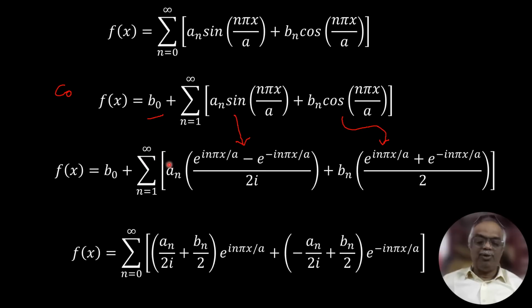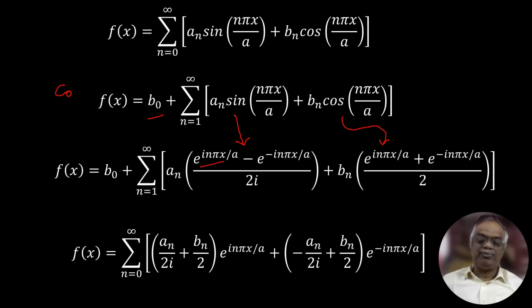Now you can group the same terms, and you get back your n equal to 0 value, because we know that at n equal to 0, c_n is equal to c_0 equal to b_0.